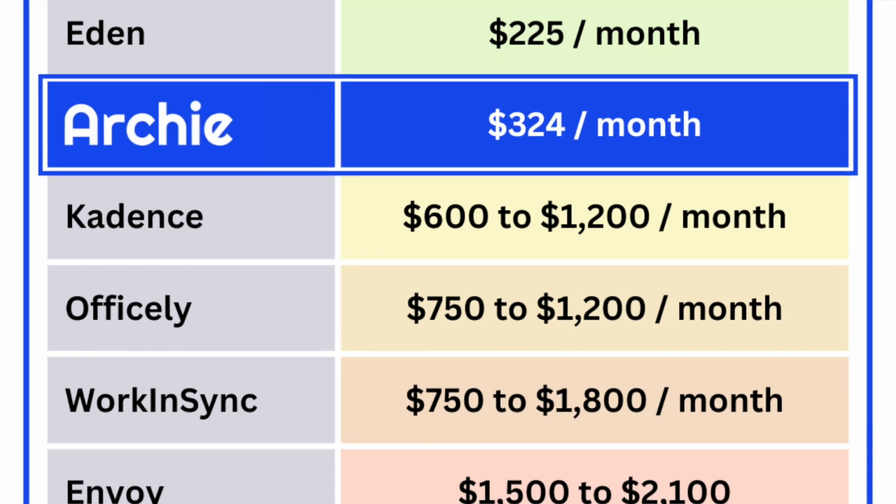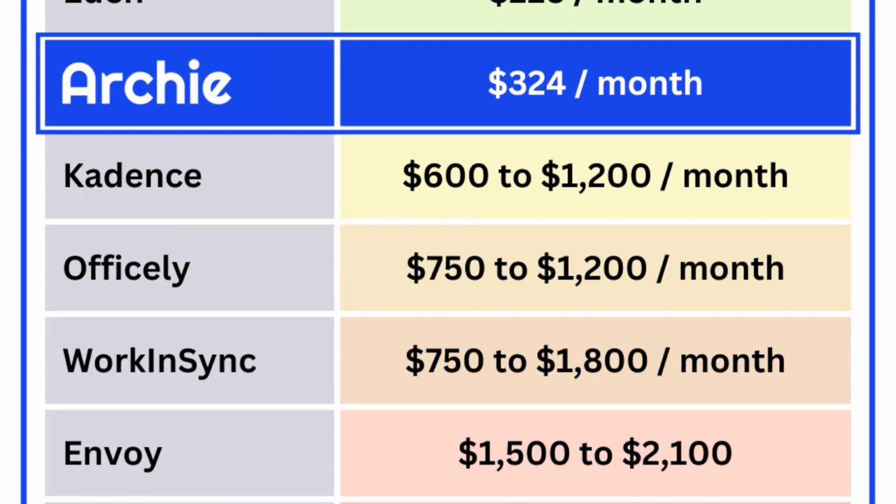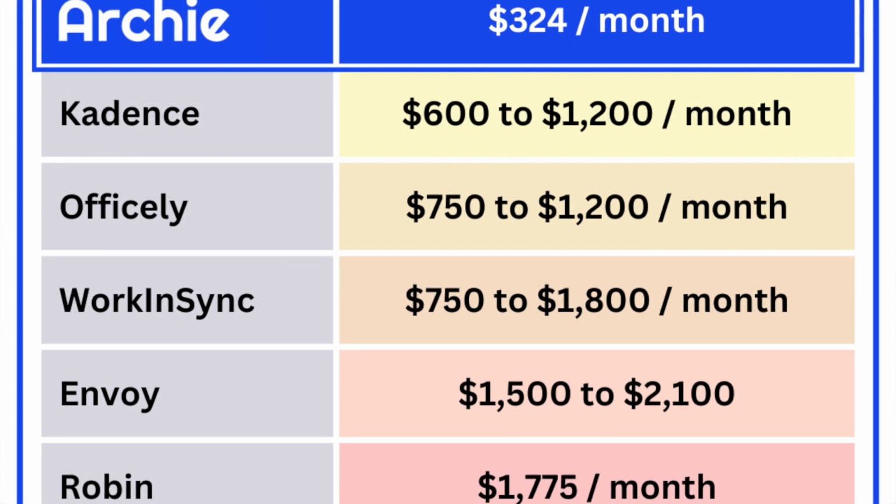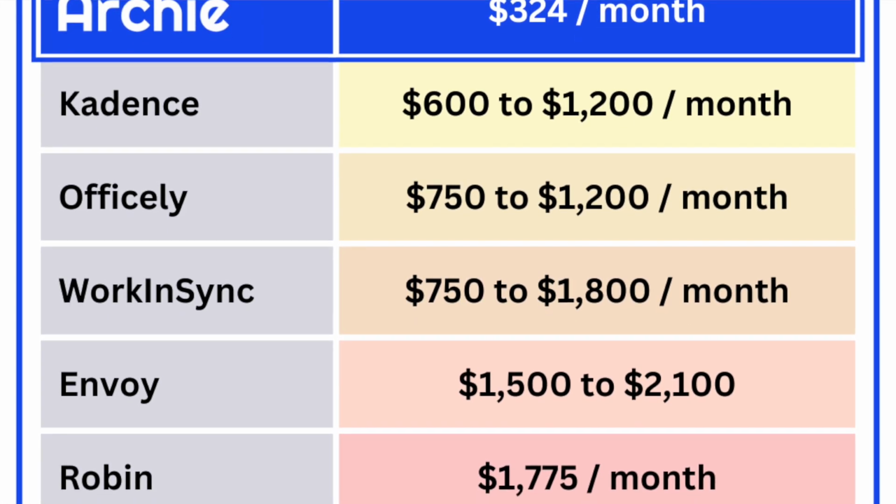Whereas with Envoy, it would be between $1,500 and $2,100 a month. And this is somewhat a parity of features. Of course, there are small differences between different software, but this pricing comparison is based on a complete feature set.